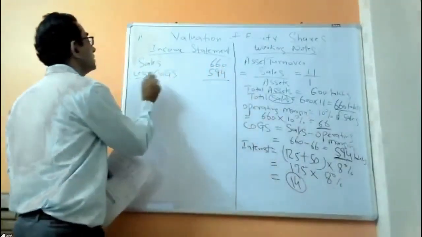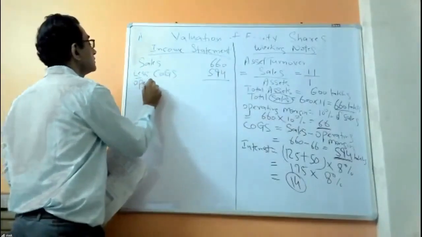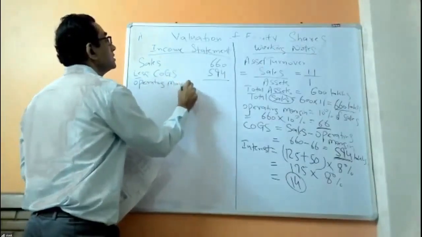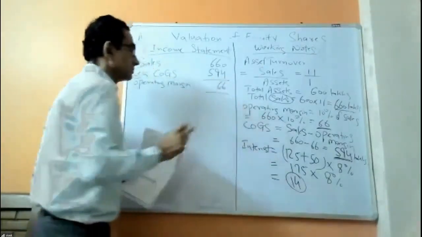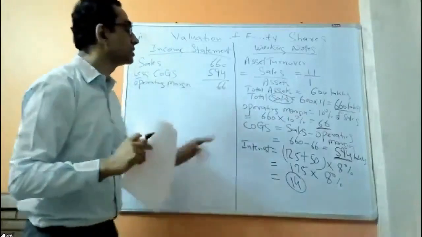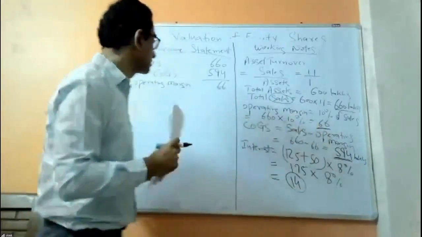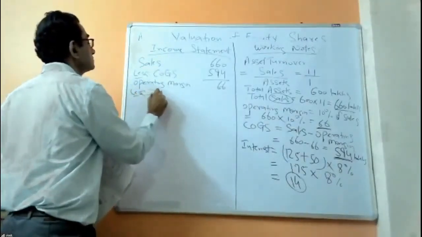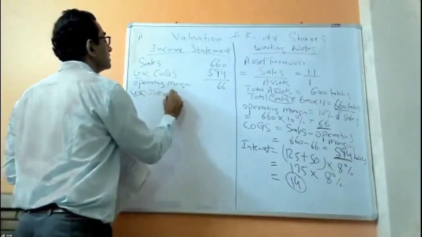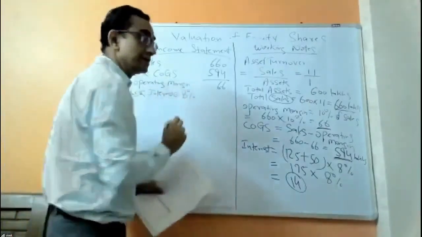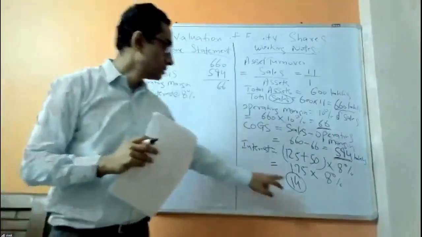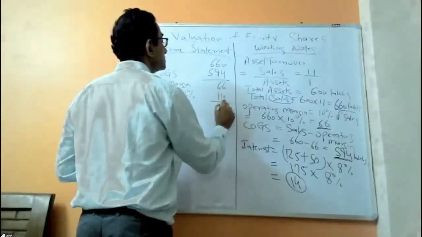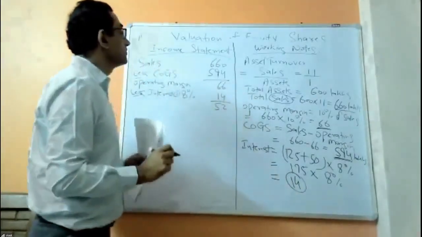The result will be operating margin, actually 66, we have calculated it. Operating margin 66. We deduct interest at the rate of 8%, because effective interest rate is given. We have calculated the amount 14. So 66 less 14, it is coming to 52.